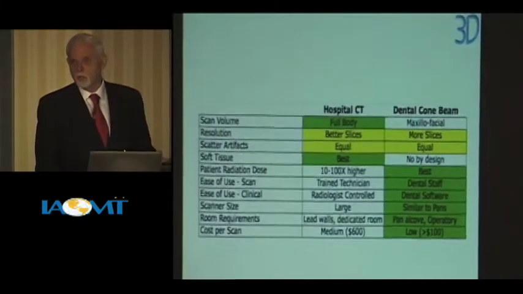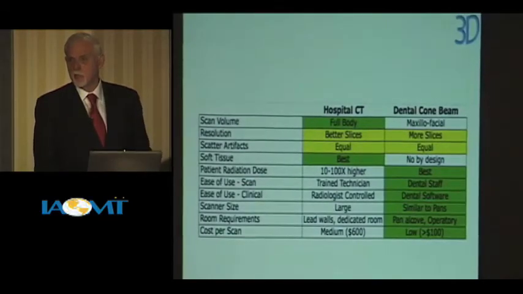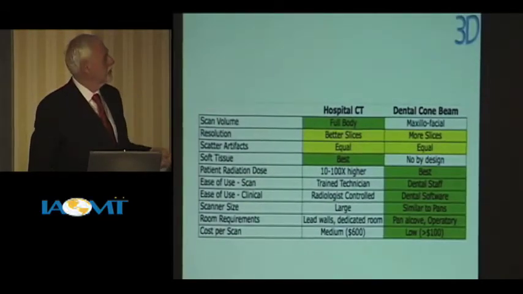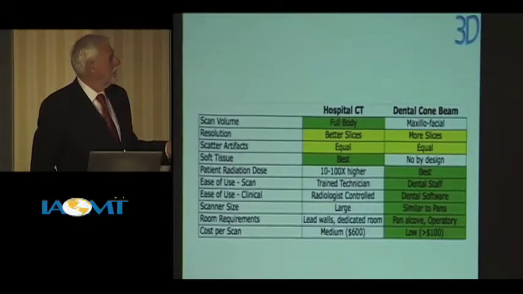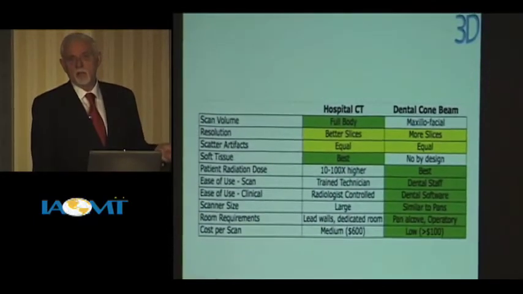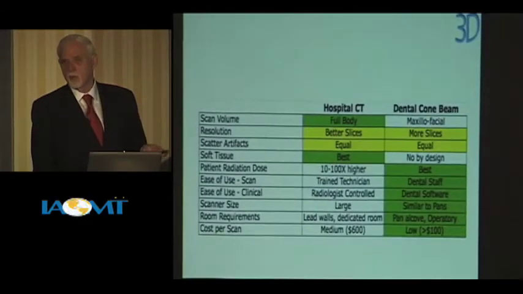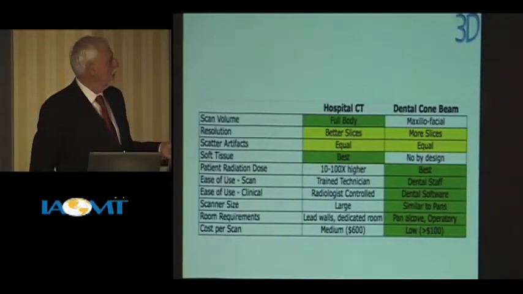They're almost all designed to not include the brain, only those areas that we're licensed to practice and diagnose in. Patient radiation dose is pretty insignificant. The Galloway, the one that I use, is 1.6 times the normal or traditional panoramic film.